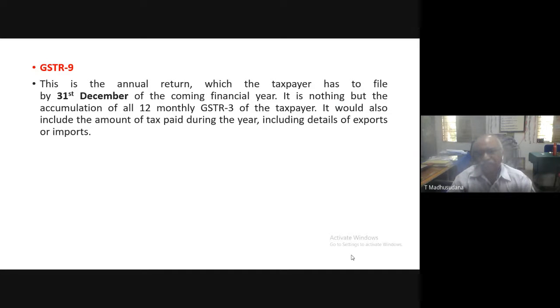So GSTR 9 is the annual return filed by the taxpayer, and it includes the inward and outward supplies, taxes paid, input tax availed, and exports and imports. All the details it includes, because it's the annual report, the final report to be submitted for a financial year.